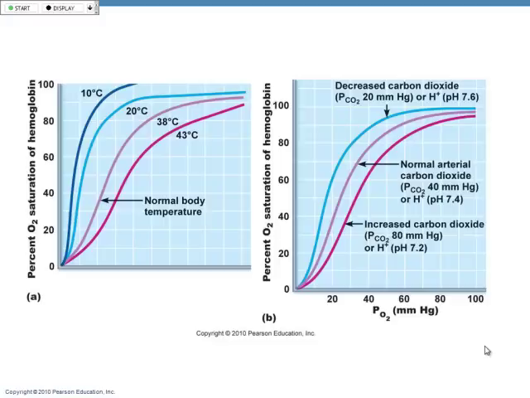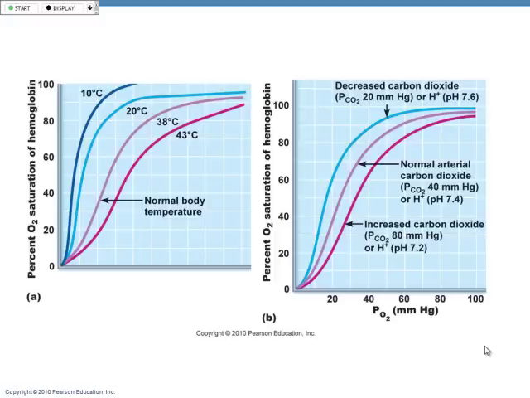If you hypoventilate, you're not getting rid of enough carbon dioxide. You're increasing carbon dioxide and decreasing the pH. It's too acidic. We're going to talk about the reaction in a moment that creates that environment.